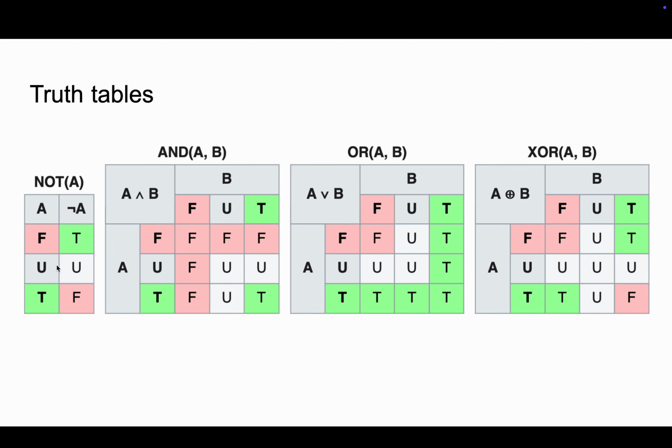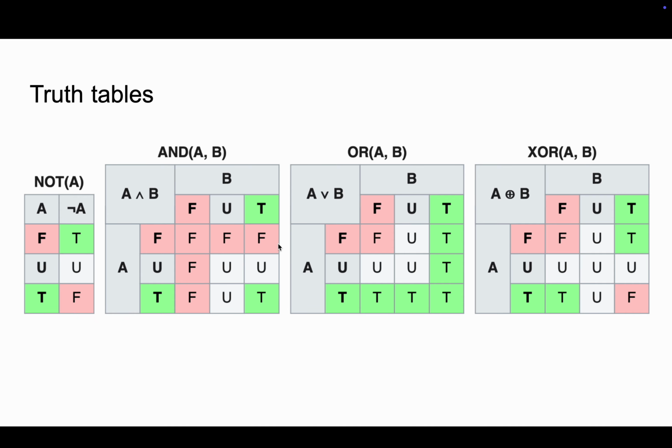It behaves quite logically. U means that you don't know the truth value, because that's what it's been defined for by Lukasiewicz. So when you don't know whether something is true or false, and you say not A, you won't know the negation either. So it explains this.